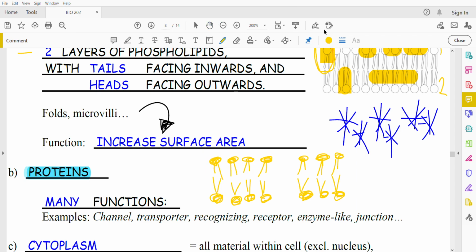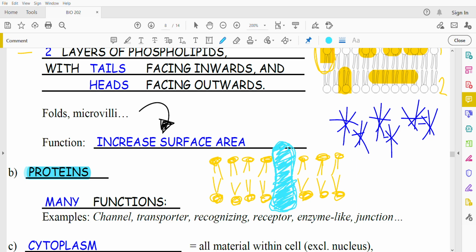We remember that we discussed the plasma membranes being mosaic in their structure. So often within the plasma membrane structure, we also end up seeing that there's proteins embedded there every now and then. And proteins have a huge bunch of functions, as you see listed there. They can be channels, so facilitate the movement through a plasma membrane.